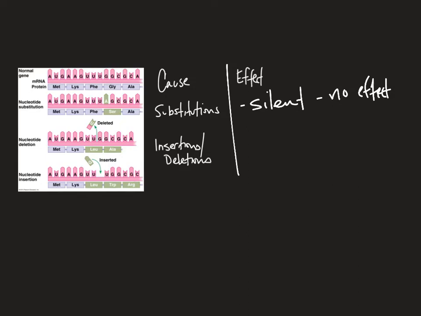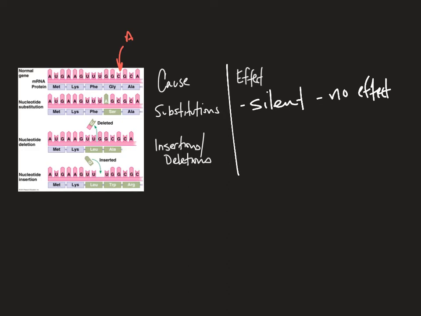It would be something like, let's say this C right here was switched to something else. Let me check my genetic code. So glycine is GGC, but GGA is also glycine. So if this was GGA, that would be glycine. It would be a mutation, but it wouldn't cause anything.